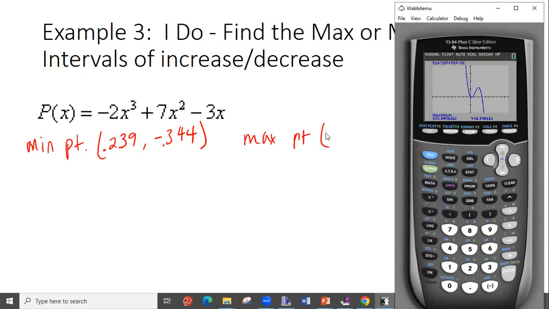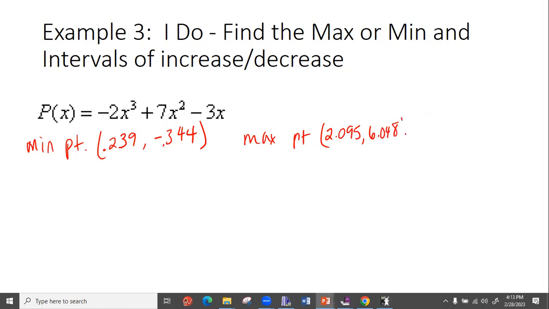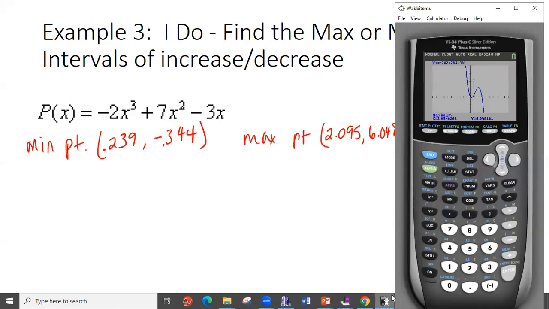And then so we get 2.095, comma 6.048. Okay. Yes. Min, max.